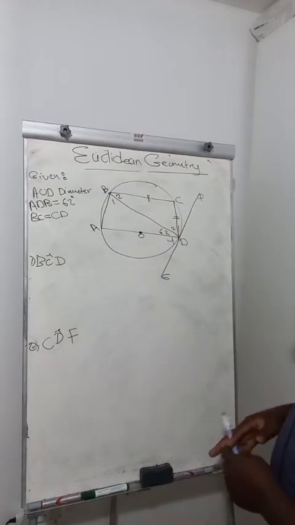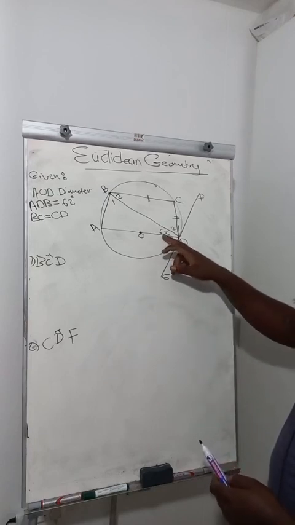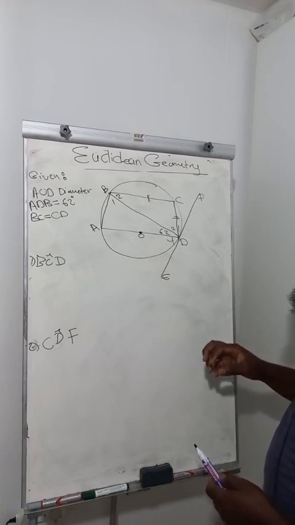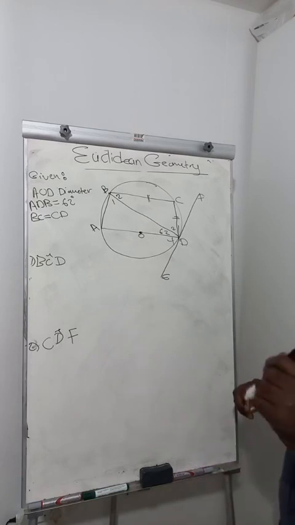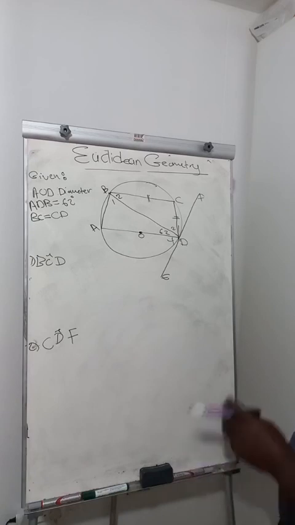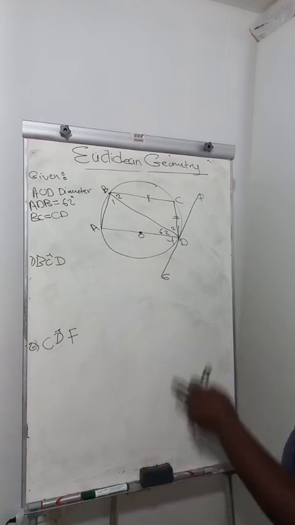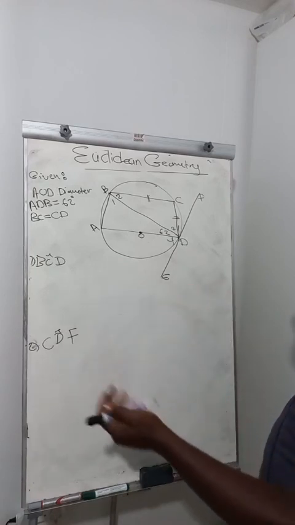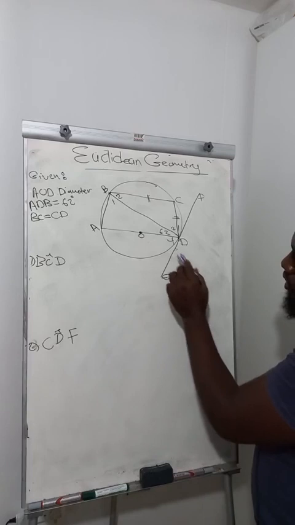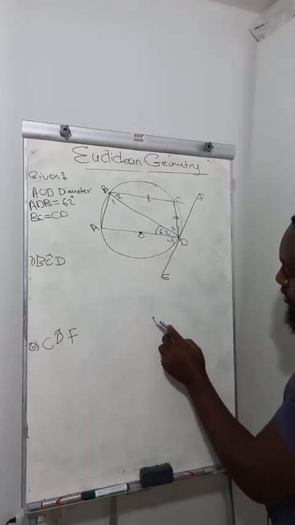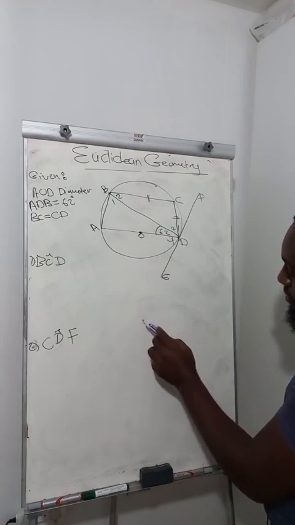So BCD. I know this is 62. Let me check something. Okay, I think I do see. You guys learned about angle at a semicircle, and about tangents. If you check here, do you see that there is also this?